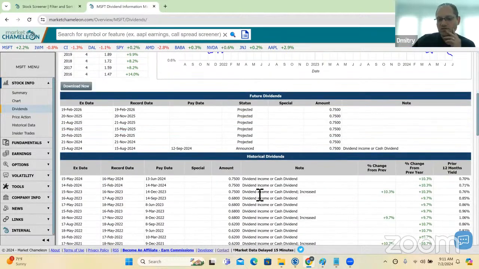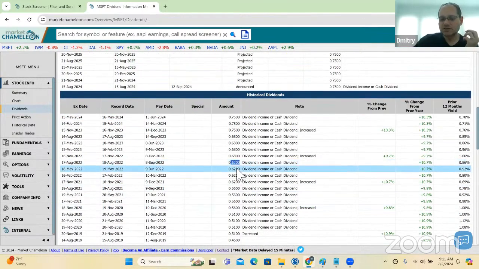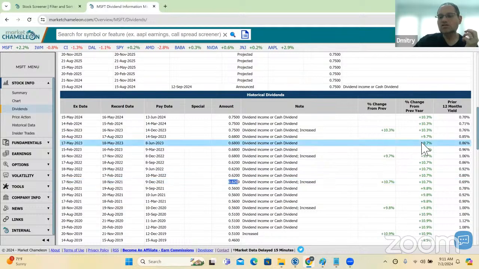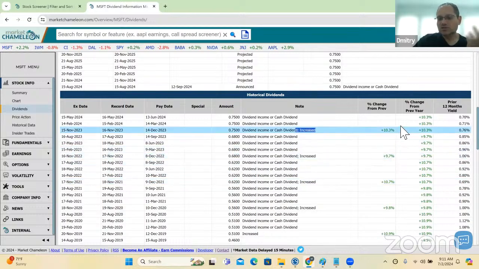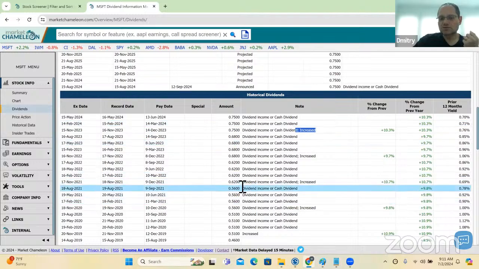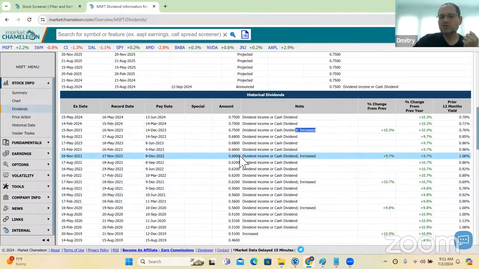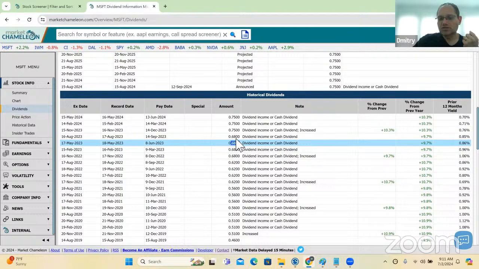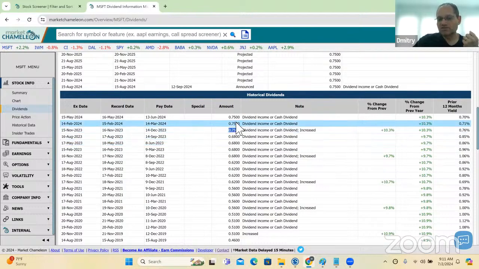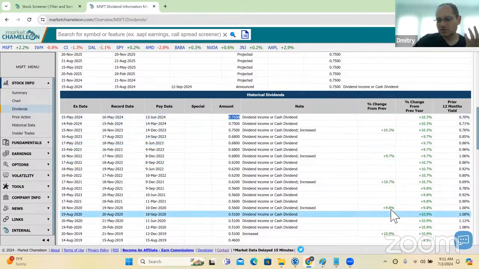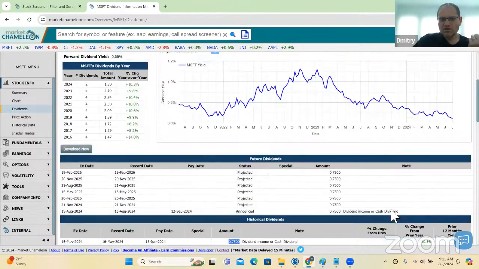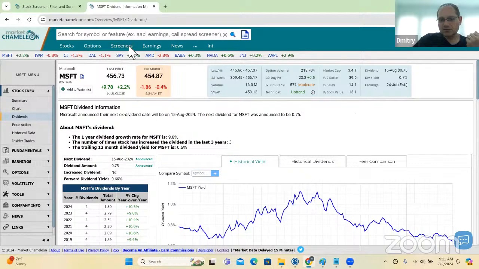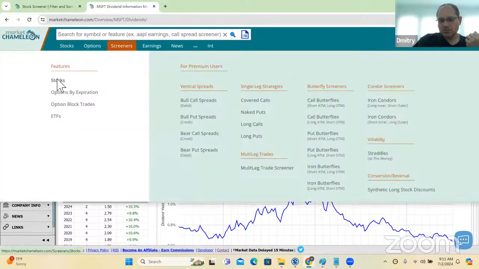You could see here, they'll pay 62 cents, 62 cents. Then it looks like they increase it once a year, right? So you could see they'll pay a regular dividend, then they'll increase it, then they'll pay, and then they'll increase to 75 cents, 75 cents. So this is the trend in Microsoft.